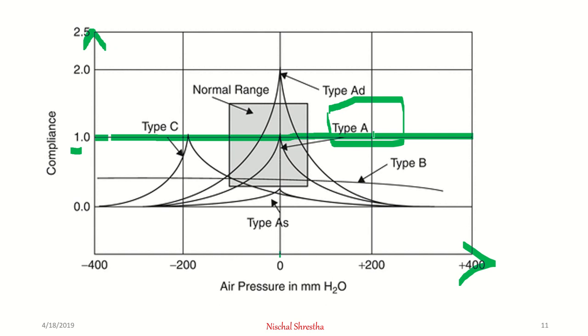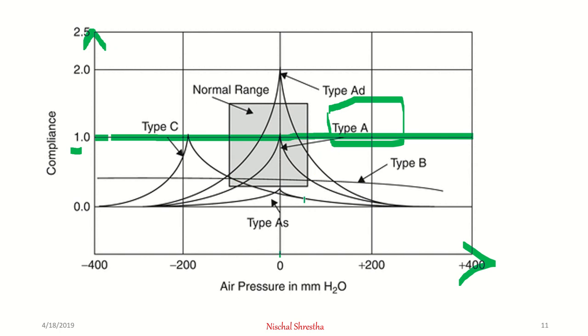So this type is normal type. Here we can see in the normal range of pressure, compliance is maximum, or compliance is in the normal range at the normal range of pressure. At 0 mm pressure, compliance is in the normal range. So this type is normal type.